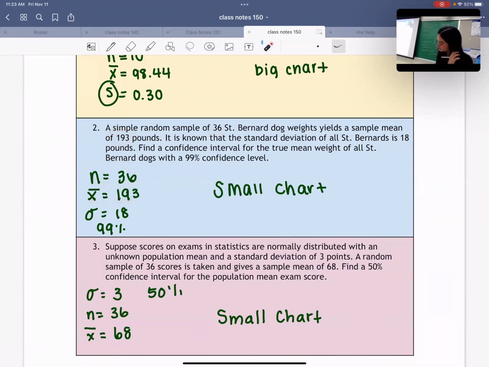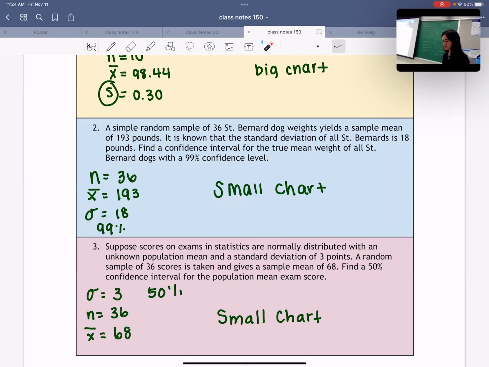And then I read that the standard deviation of all St. Bernards is 18 pounds. I assumed it was the whole species, not the sample, so I decided it was population standard deviation instead of sample standard deviation. And then 99% confidence interval, so you use the small chart.